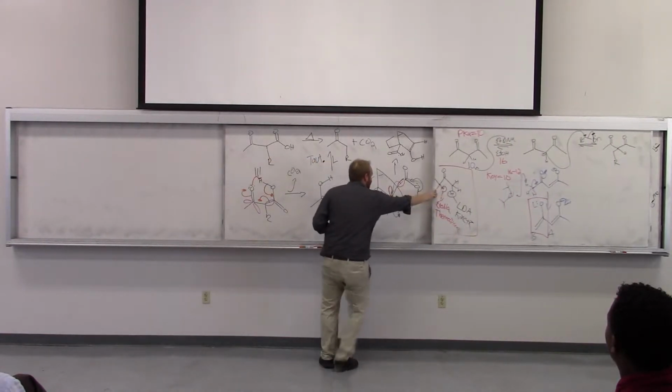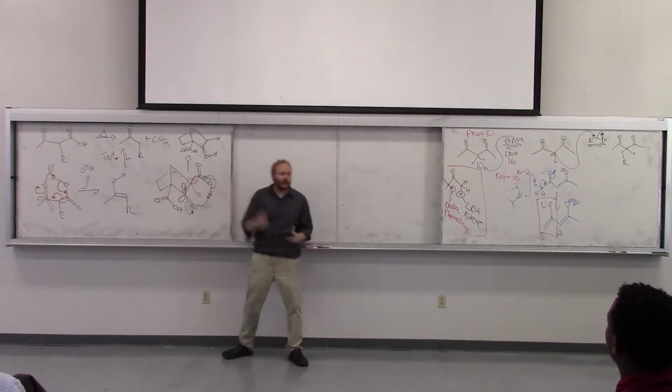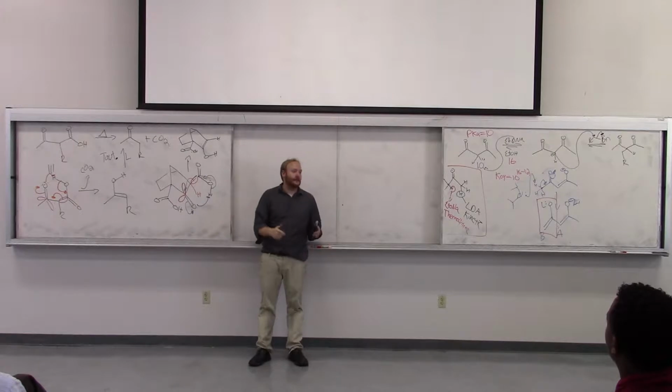But once again, in order to do a decarboxylation, we have to have electron overlap with the empty pi star orbital in order for it to happen. So this is not that different than needing overlap with a sigma star orbital in an E2 elimination, right?